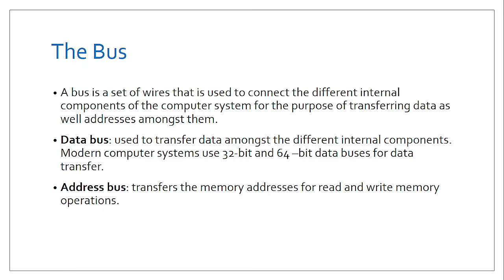Now, an analogy of this is a road or the lanes that are used by motor vehicles. The larger the lane, the more vehicles that can go through. Or better still, if you have more lanes, many vehicles can use that particular road.